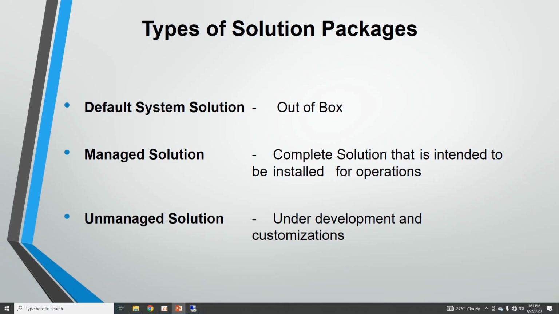Managed solution is a complete solution that is intended to be installed or deployed or imported in the production environment for actual operations, whereas unmanaged solution is under development and customizations, and it is under testing or trial phase or under development phase, and it cannot be said that it's a complete package for resulting the output.